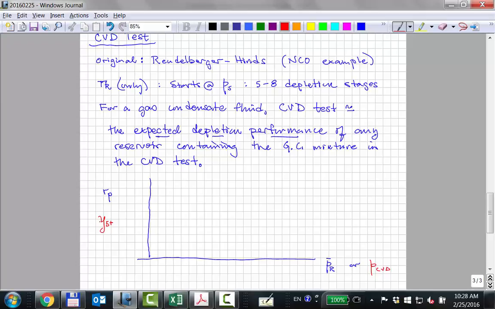Okay? We mark the dew point pressure here.